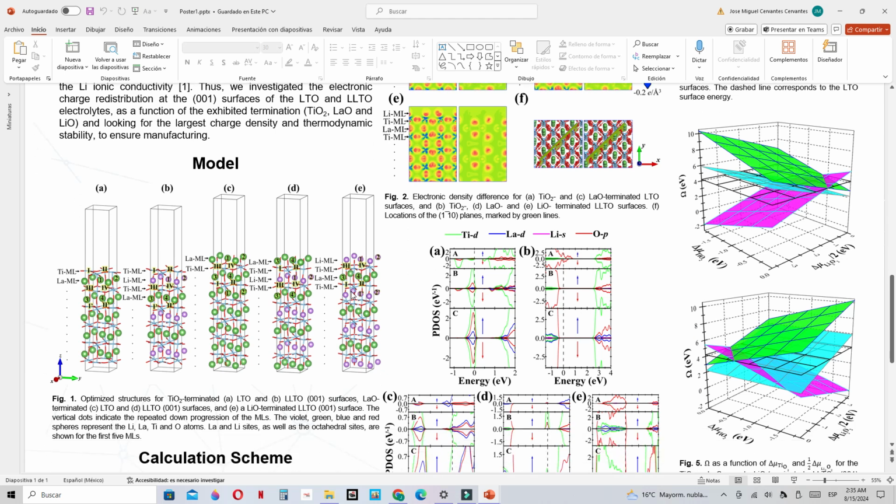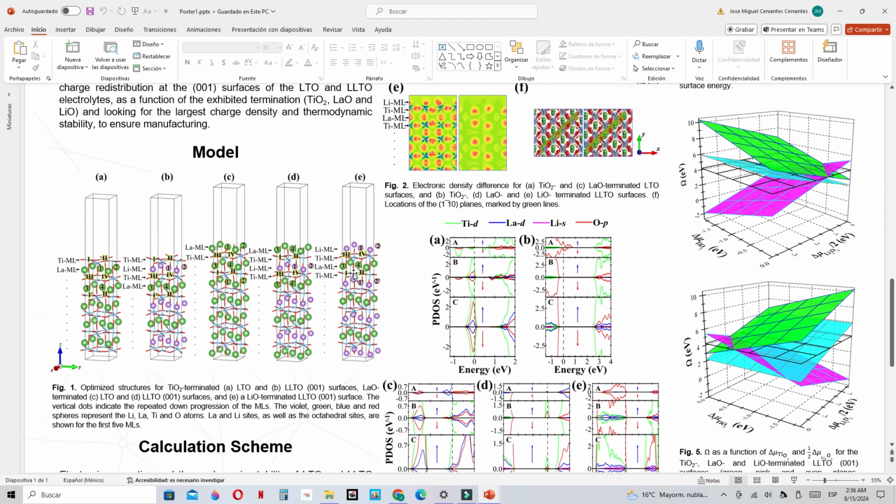Model. In Figure 1, it shows the optimized structure for different terminations with titanium dioxide and lanthanum oxide or lithium oxide surfaces.